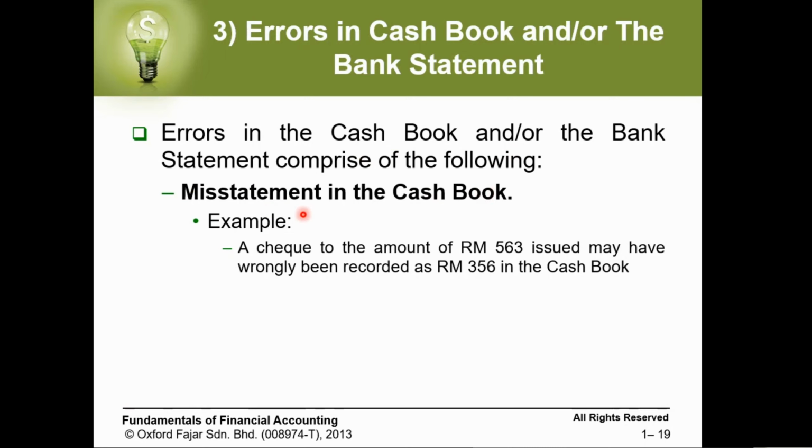Misstatement in the cash book. For example, a check to the amount of 563 issued may have been wrongly recorded as 356. It is very normal, like you change the number, so instead of 563, it will be 356. So this one is also one of the things.